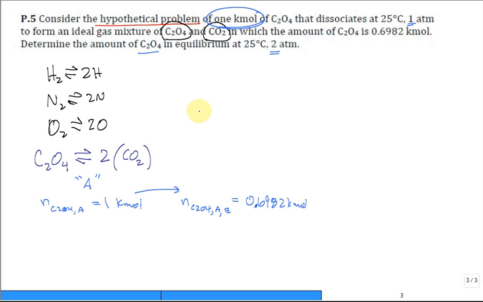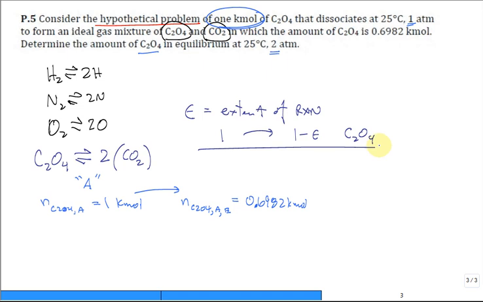A lot of the book will introduce a notation like epsilon, the extent of the reaction. If I start with 1 and I come over here after the reaction, I have 1 minus the extent of reaction. All of that is for the C2O4. That all explains what happens to the C2O4. I start with nothing for the CO2.